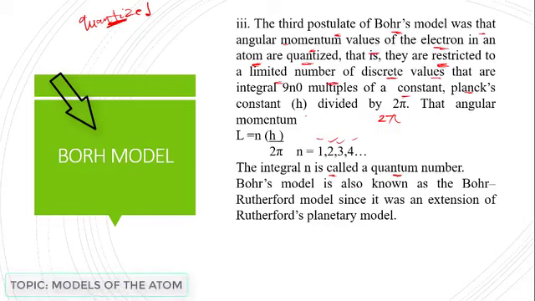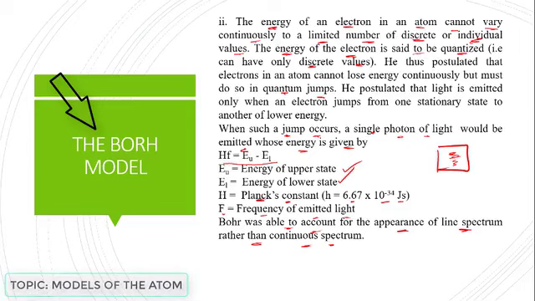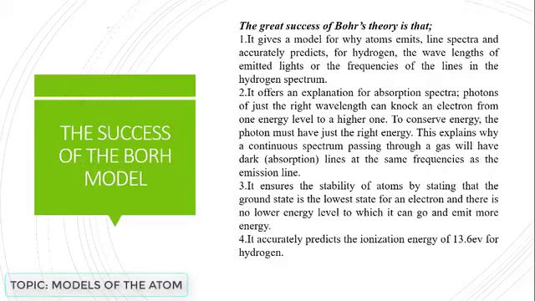Bohr's model is also known as the Bohr-Rutherford model, because basically what Niels Bohr was doing was an extension of Rutherford's planetary model, only that he was able to provide proof for the line spectrum that Rutherford was unable to do.